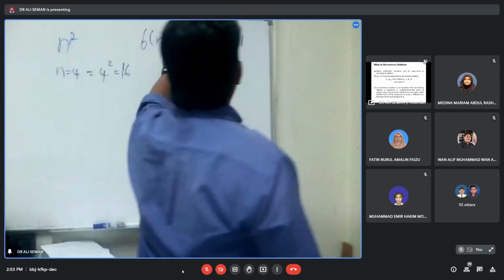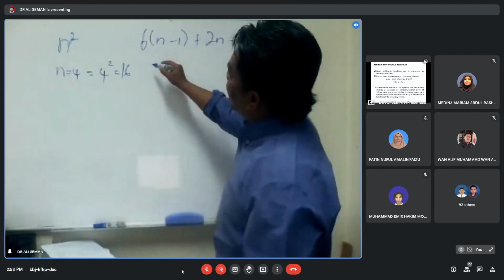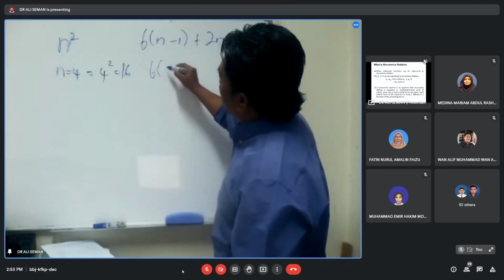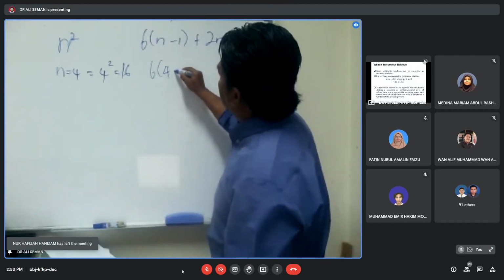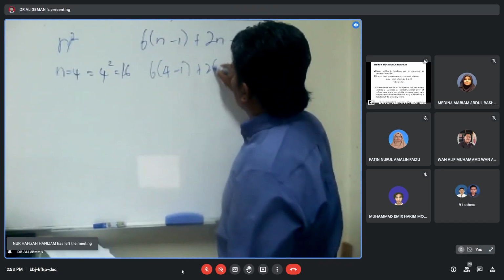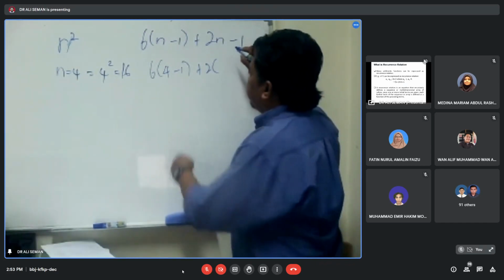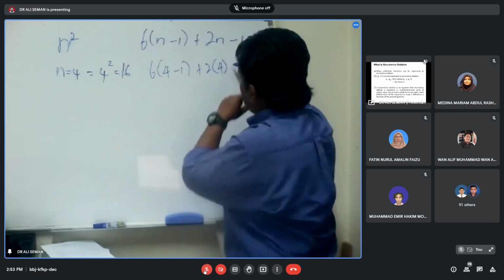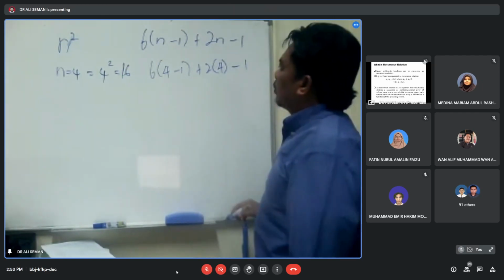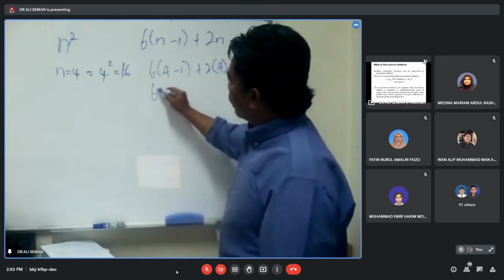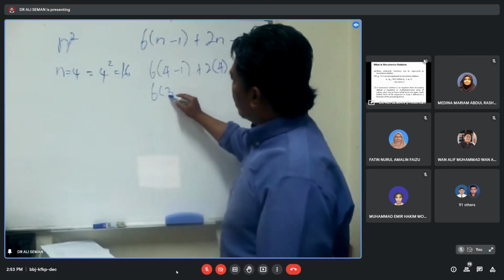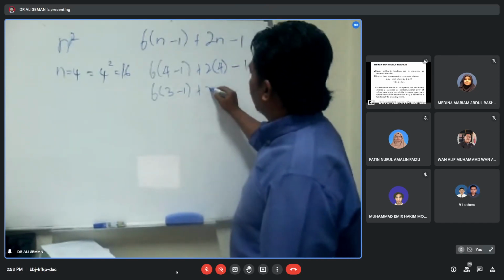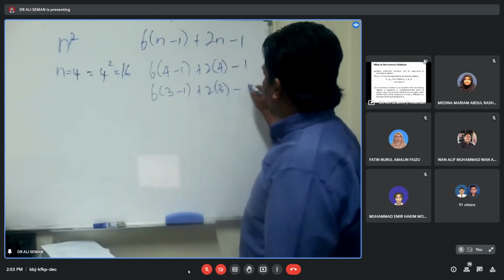Is this formula correct? We need to compute a(4) equals a(3) plus 2 times 4 minus 1. And we have to reduce it: a(3) equals a(2) plus 2 times 3 minus 1.